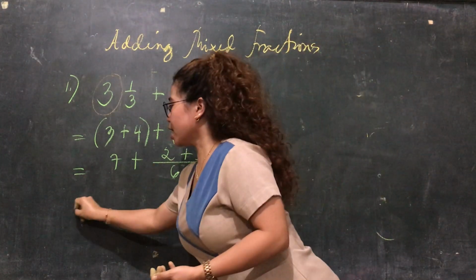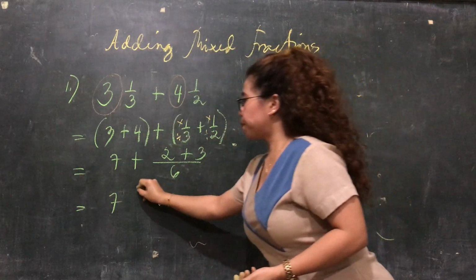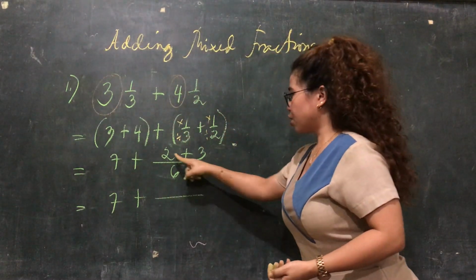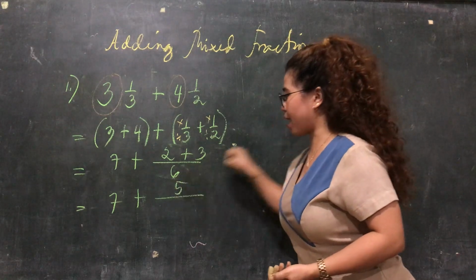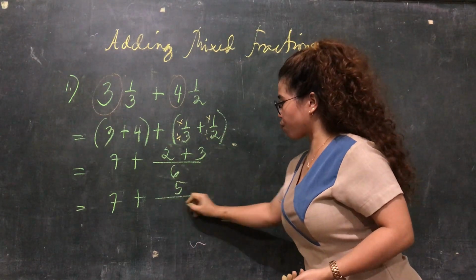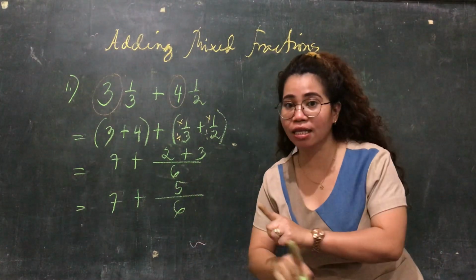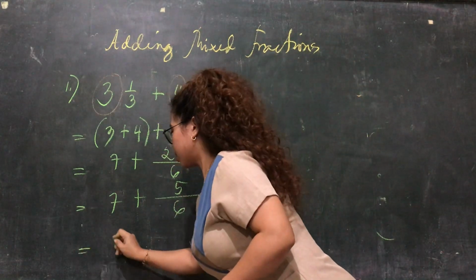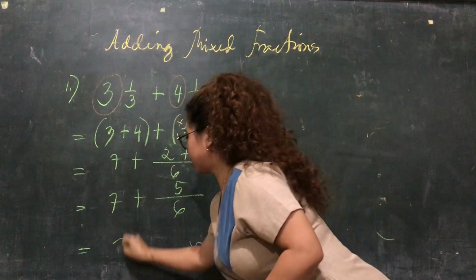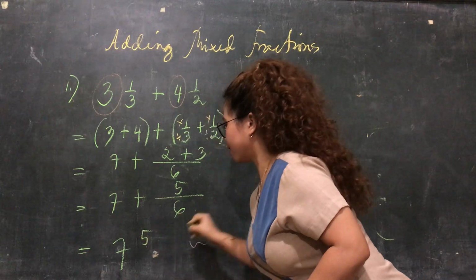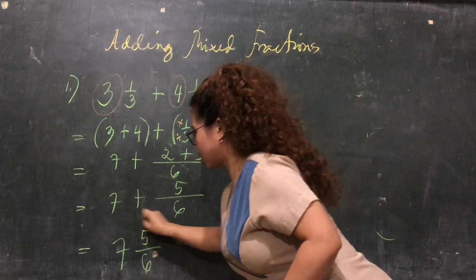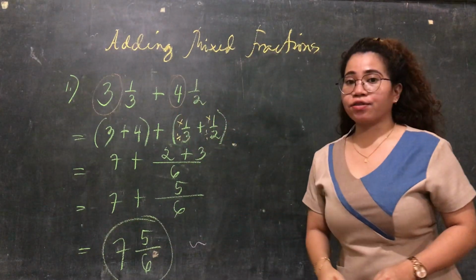So yun na. Equals 7 plus 2 plus 3, you have 5 over 6. So, idikit na lang nato siya. Equals, the answer is 7 and 5 over 6. So, this is the answer.